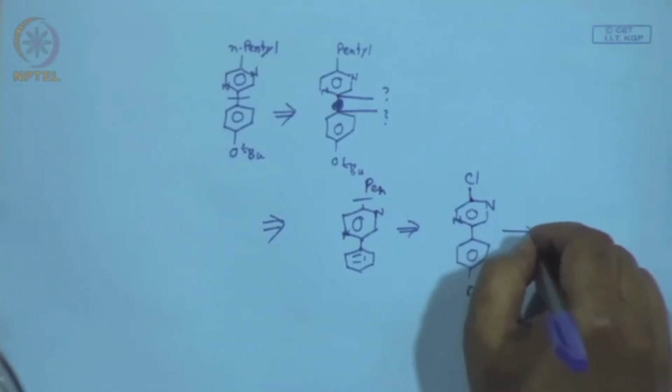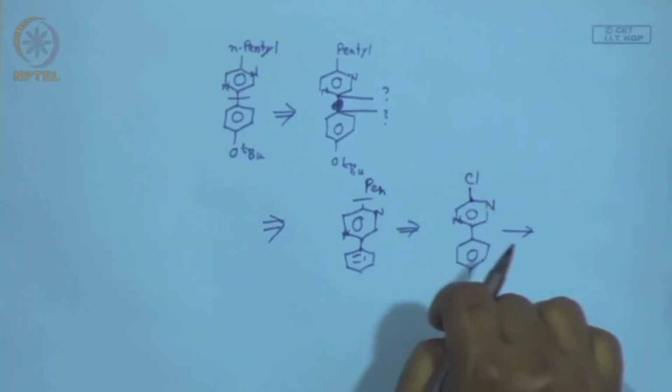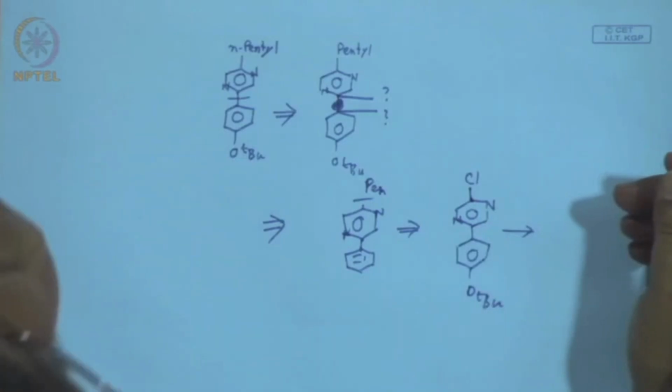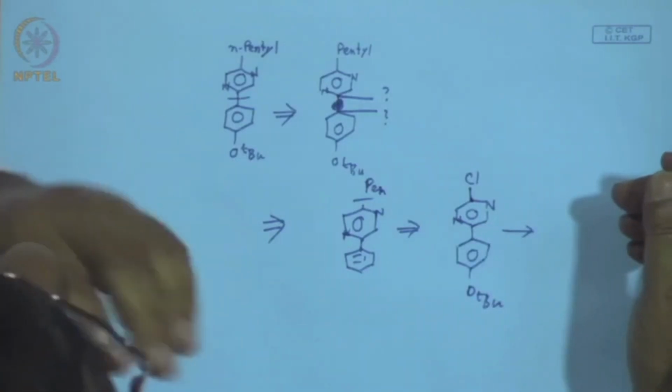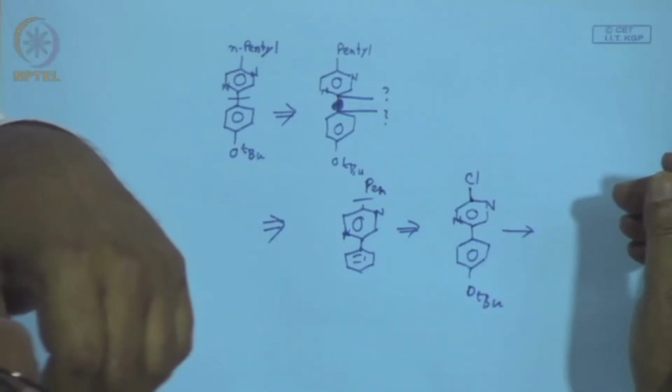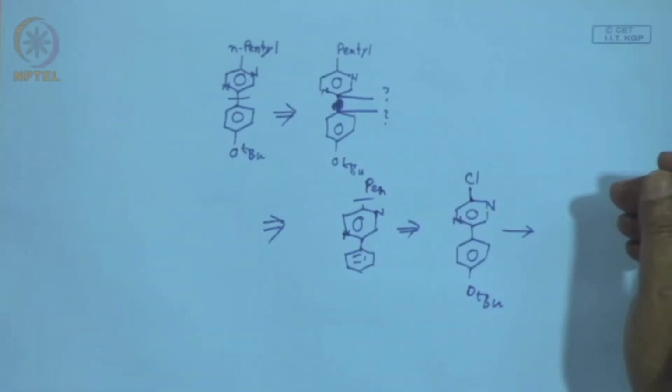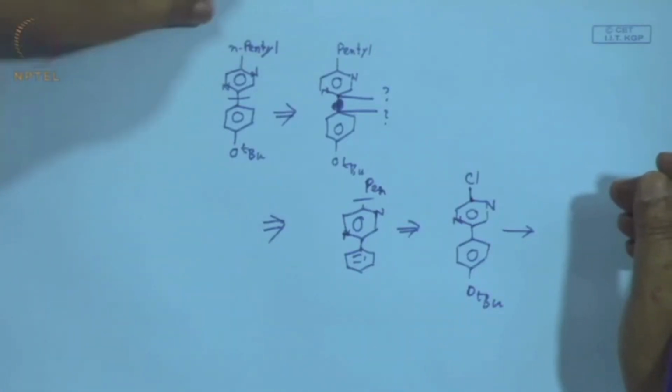This is what I call the acceptor. Now, you have to have a donor, right. What is the donor?